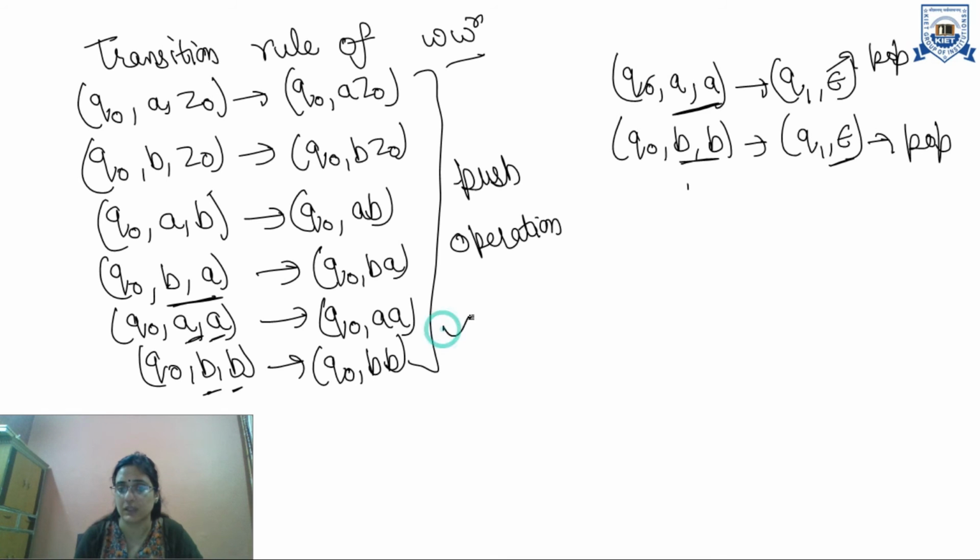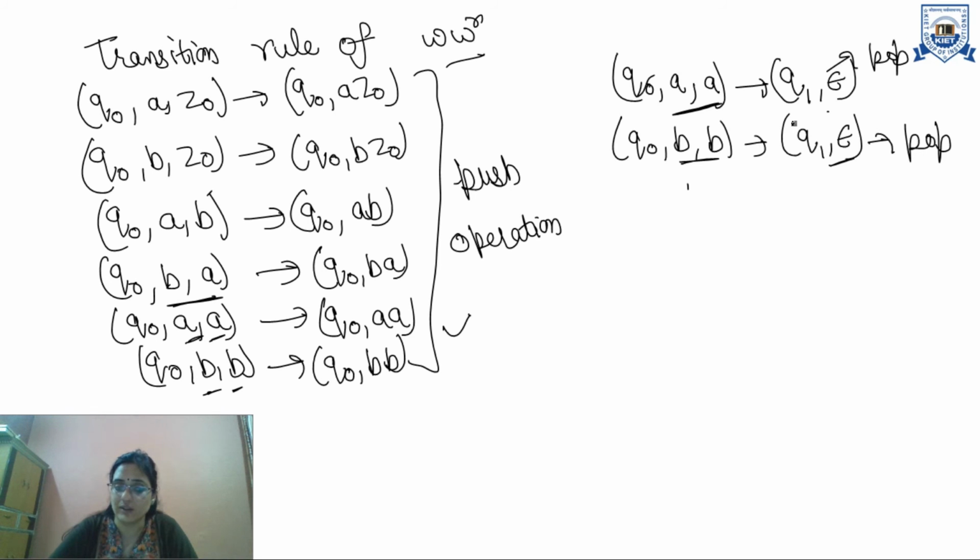Here I am performing the push operation, here I am performing the pop operation, and I am going to more than one state. More than one state is only possible in case of non-deterministic pushdown automata. In deterministic pushdown automata, if I am on the current state, then I will go to a maximum of one state. Next state is only one. Fine.